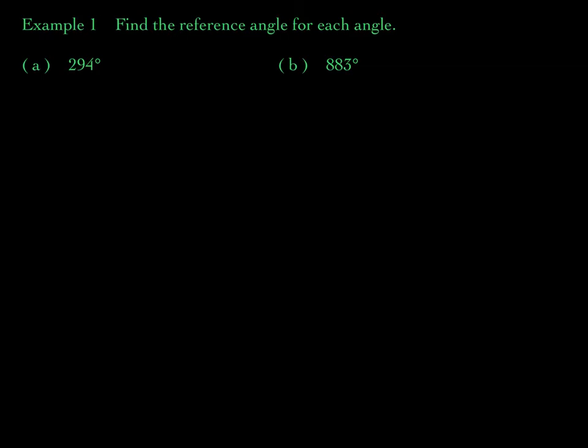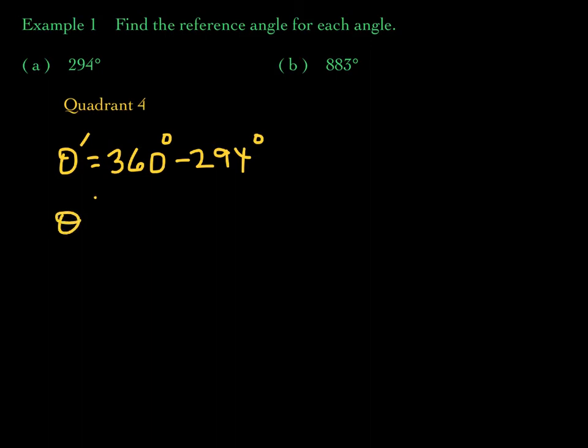294 degrees is in quadrant 4. Because it's in quadrant 4, we can find theta prime, the reference angle, by subtracting theta from 360 degrees. In other words, we subtract 294 degrees from 360 degrees.